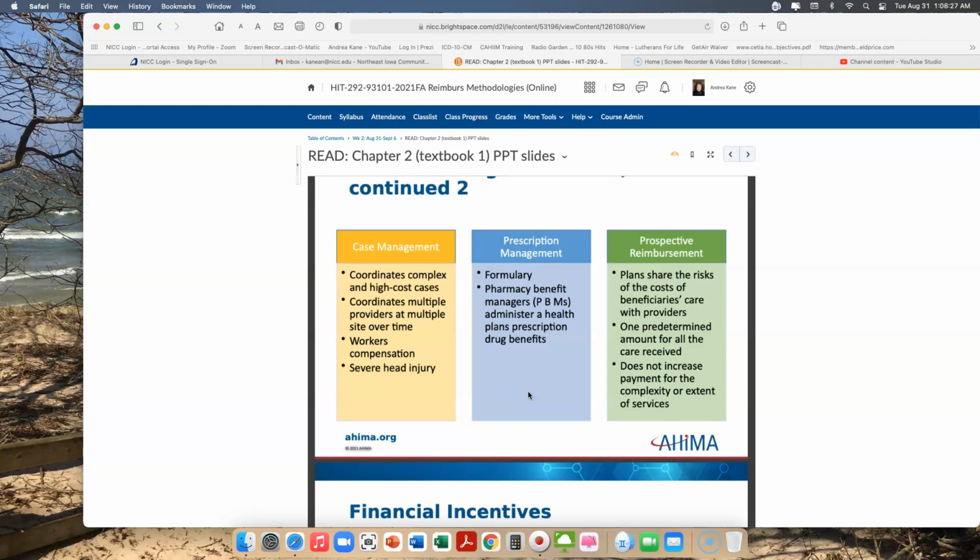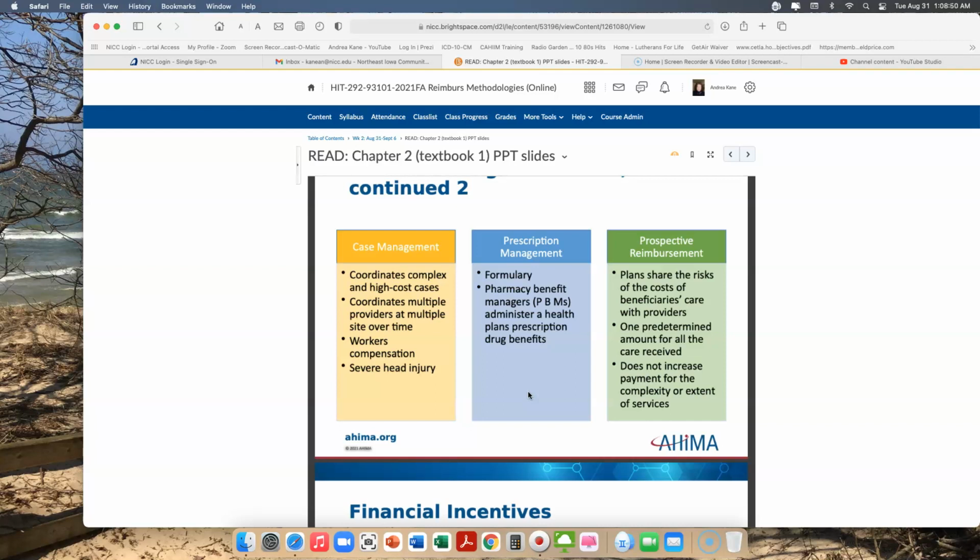And then prospective reimbursement, plans share the risks of the costs of the beneficiary's care with providers. So the providers are incentivized to be very careful in what they're doing, and not be wasteful. And oftentimes that means one predetermined amount is given for all the care that's received.